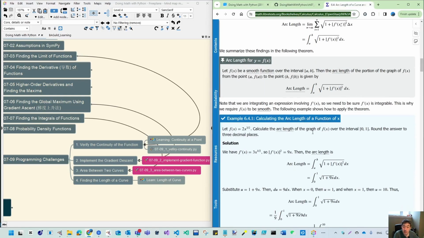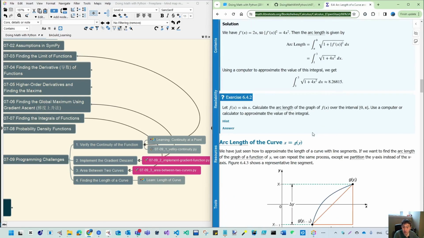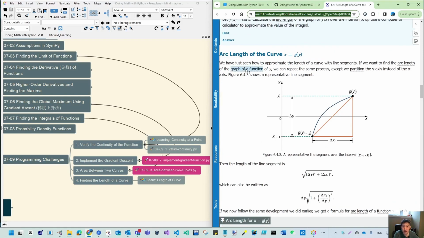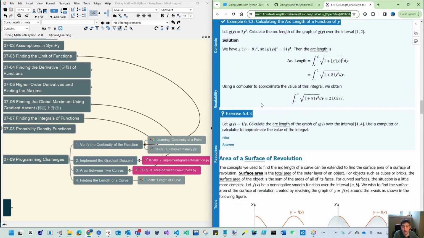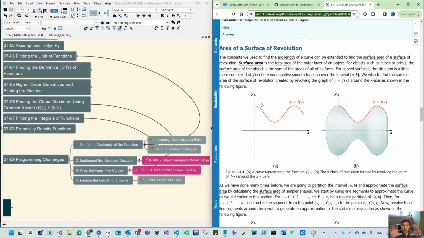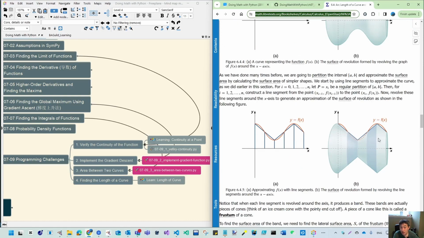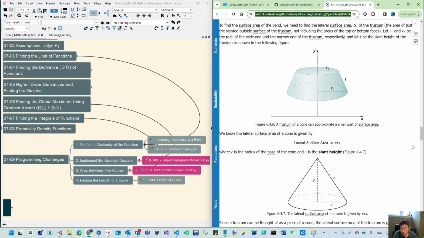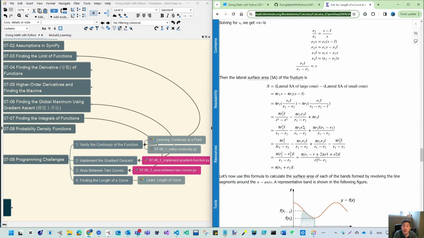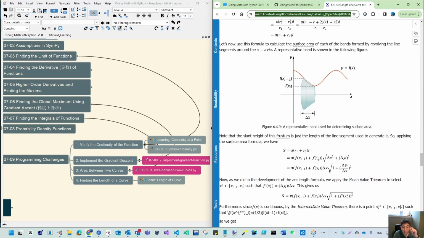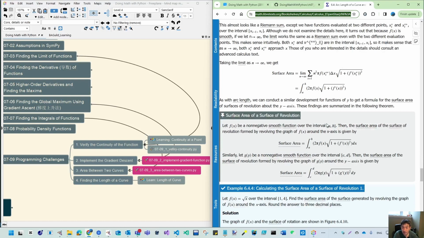If you read further, you can see arc length, and you have some ideas. What about the area of a surface? That is the 3D part, and you can use a similar way to find it.